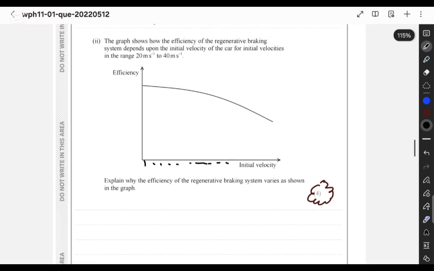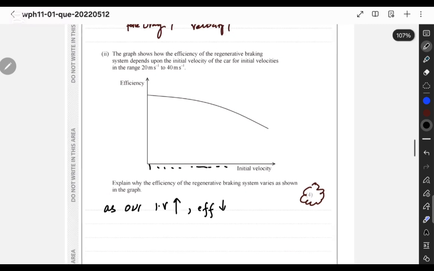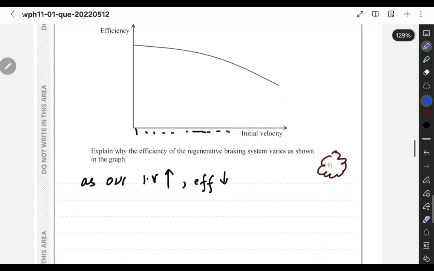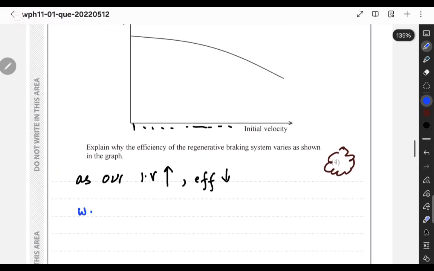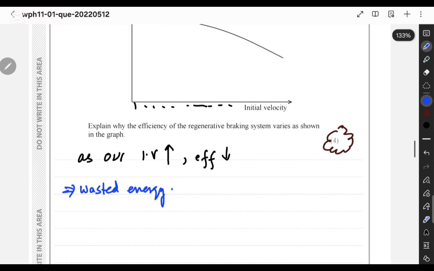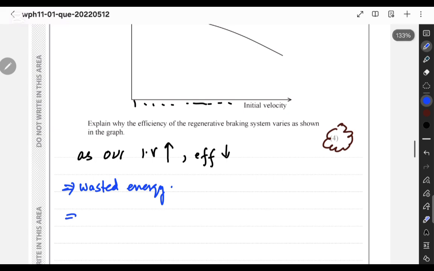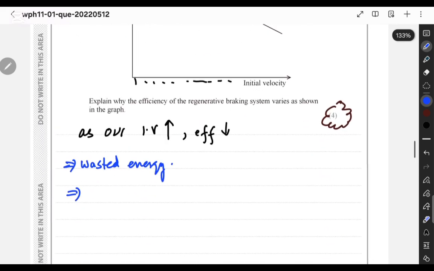So we can notice as our initial velocity goes up, the efficiency of the system will go down. Now, our efficiency goes down if a lot of the energy is wasted energy. Now, where does this concept of wasted energy come from? Well, that has to do with the above questions.